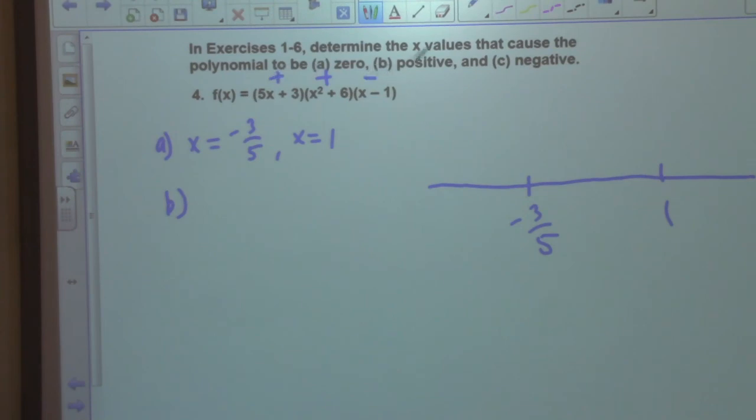And this would be negative here. So we got positive times negative. So we're negative here. What about between negative 3/5 and 1? Multiplicity of 1, right? Change of signs, positive. And at greater than 1, change of signs yet another time.